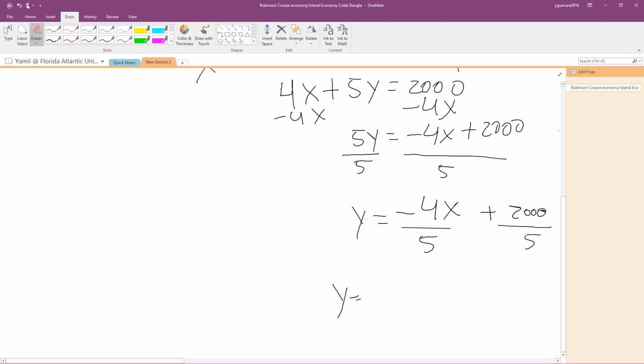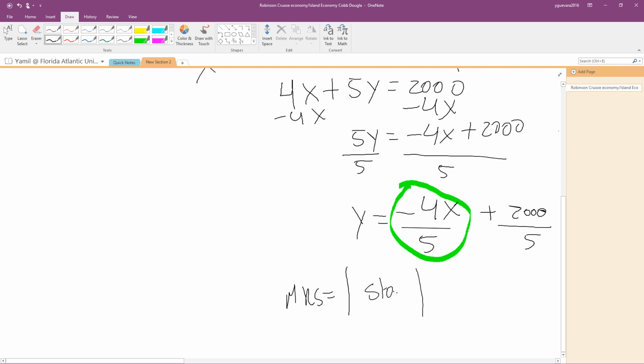It's up right here. So that's our slope. Now remember that our marginal rate of substitution is the absolute value of the slope. So our marginal rate of substitution equals 4/5. Okay, and that's how we found it.